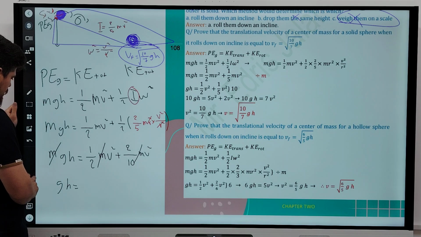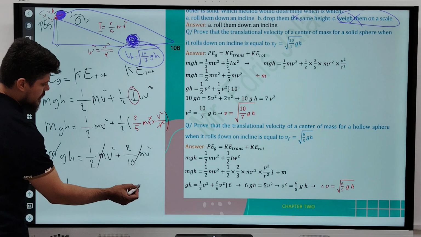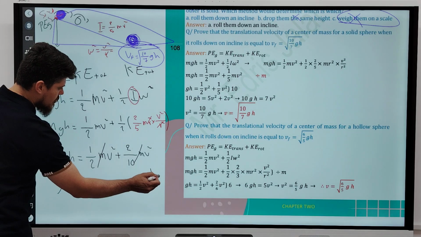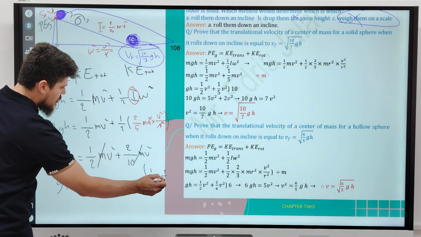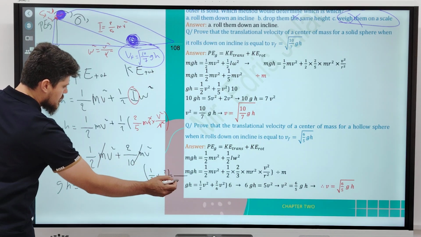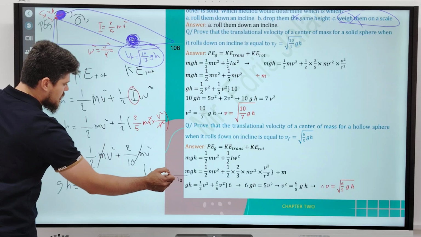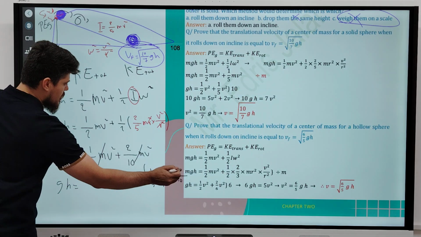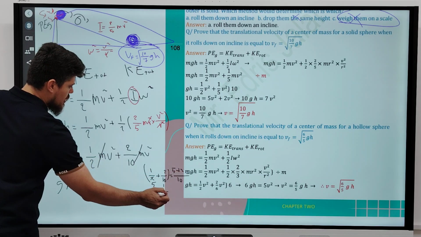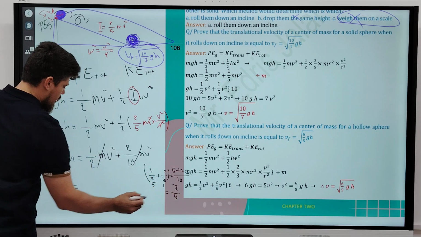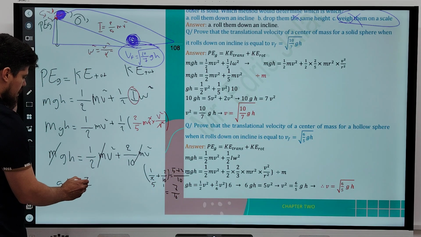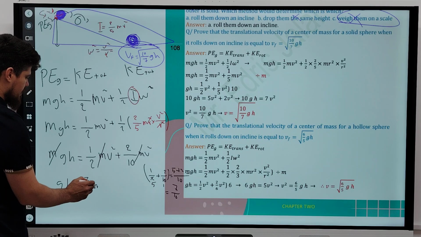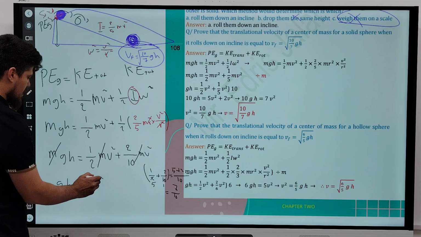The lowest common denominator is 10. 10 divided by 2 is 5, times 1, 5, plus 2, which is equal to what? 7 over 10. So gh is equal to 7 over 10 v squared.